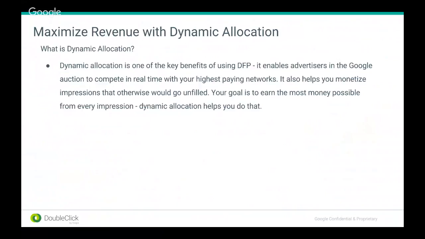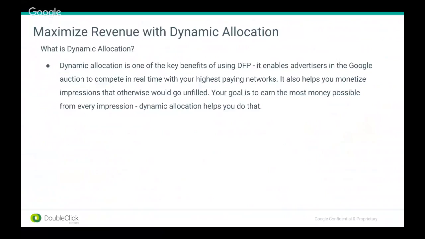Because of this, dynamic allocation is a key feature of using DFP. It allows AdSense to compete in real time with your non-guaranteed inventory in order to deliver the highest paying ad available. But it also ensures that any unfilled impressions are filled by AdSense buyers with the aim to make the most money per every impression.